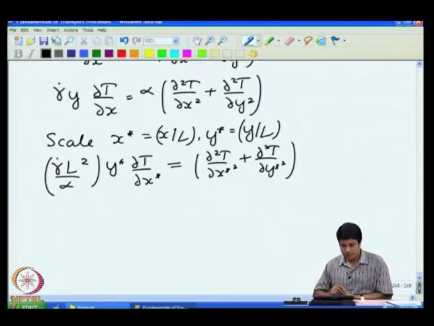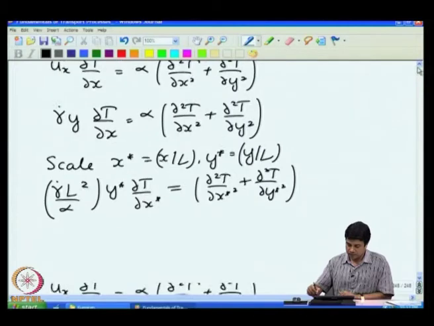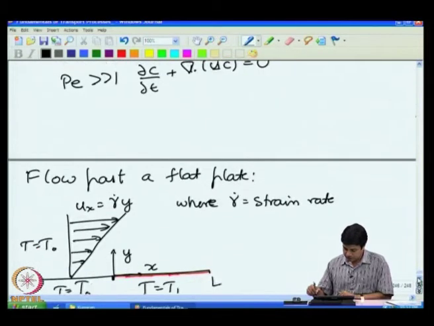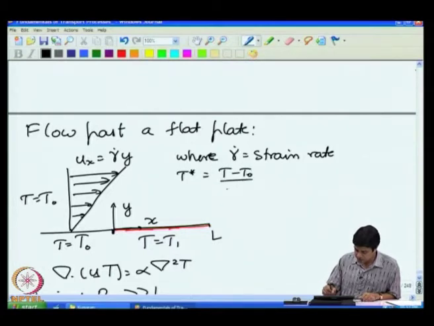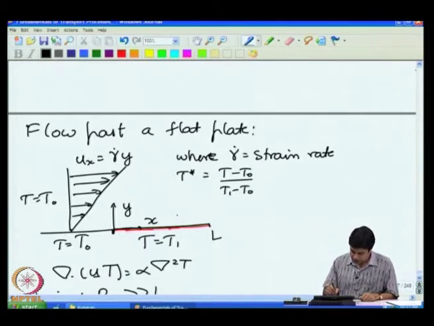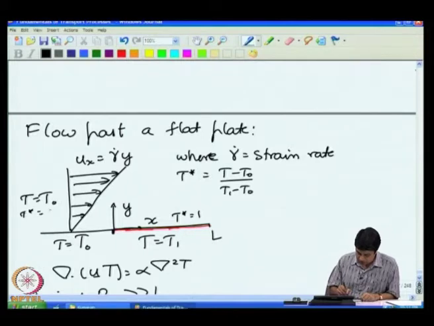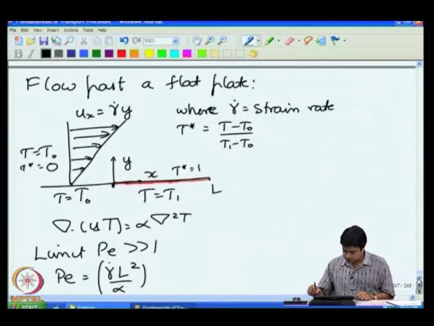Further, I should scale the temperature as well. I can define a scaled temperature T star is equal to T minus T naught by T 1 minus T naught, in which case T star is equal to 1 at the plate and T star is equal to 0 in the free stream.